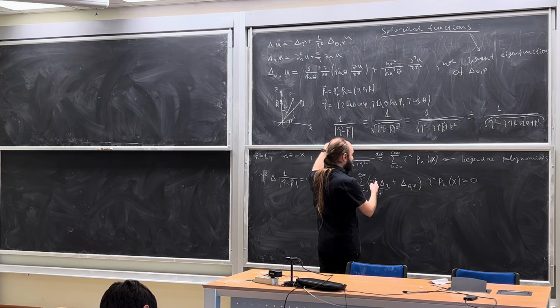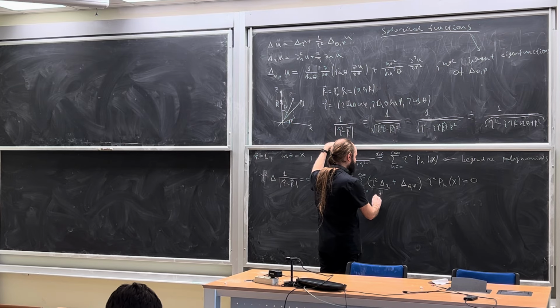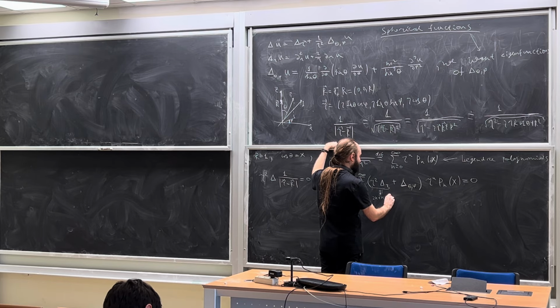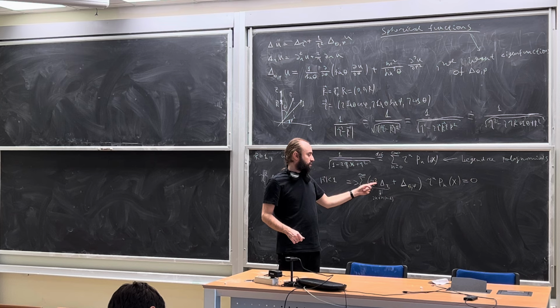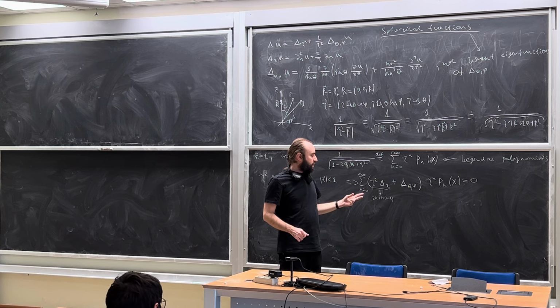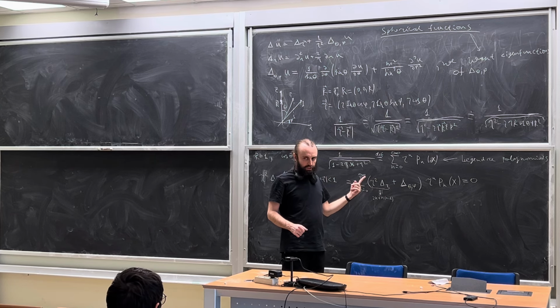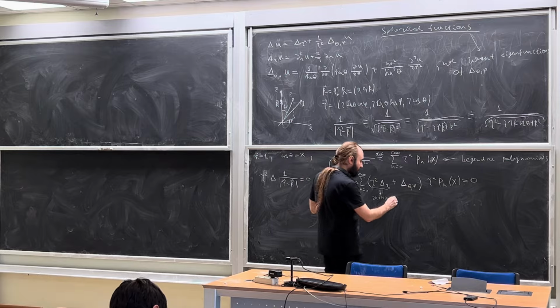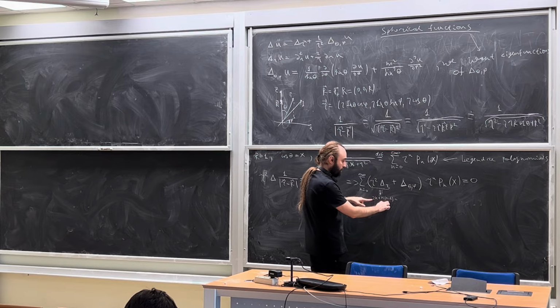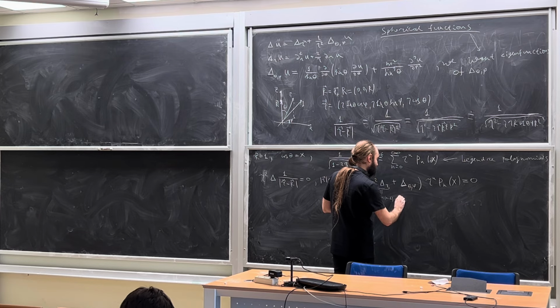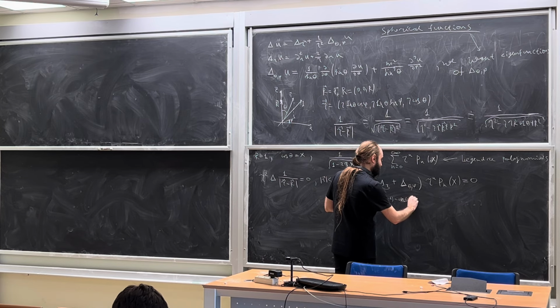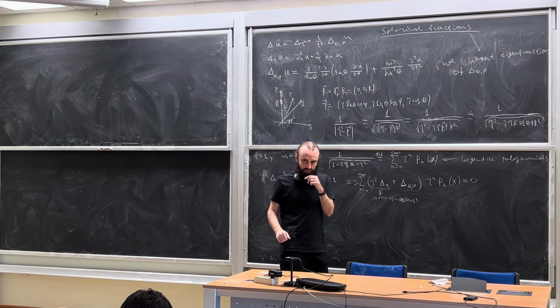No, you have r squared times n plus n minus 1, right? But you have r squared here, so the whole operator acts just by a number. And this number equals n times n plus 1, right?